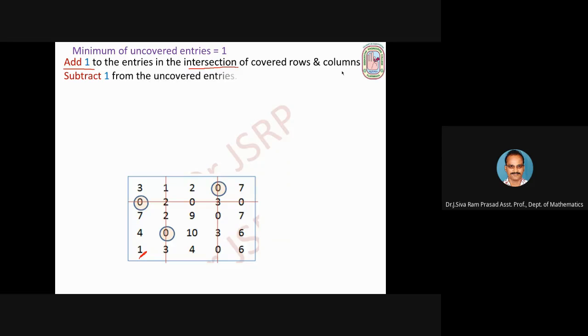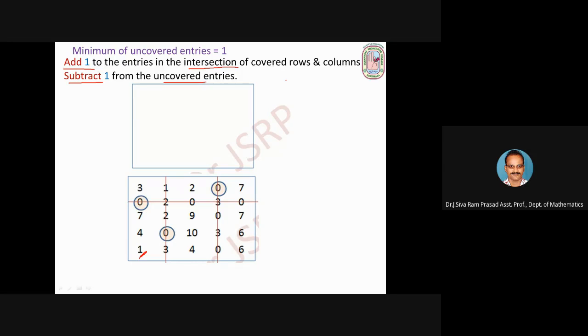Right. So add 1 to the entries in the intersection of covered rows and columns. Next, subtract 1 from the uncovered entries. The remaining entries remain the same.